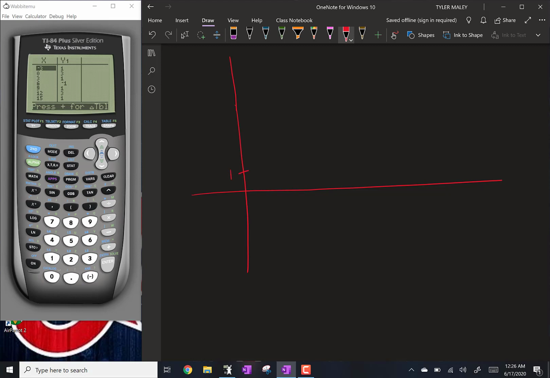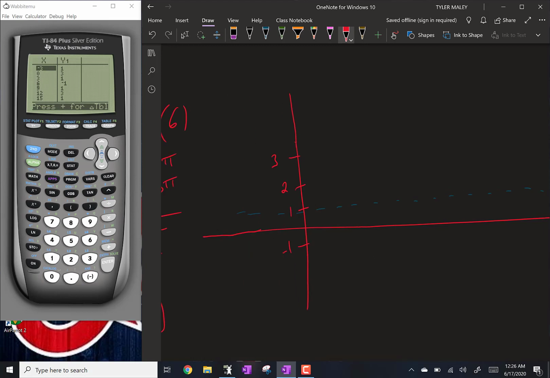So we got 1, 2, 3, negative 1. At 1 is going to be that horizontal line, halfway in between the max and min. And then on the x-axis, I'm just going to go by 3: negative 3, 3, 6, 9.